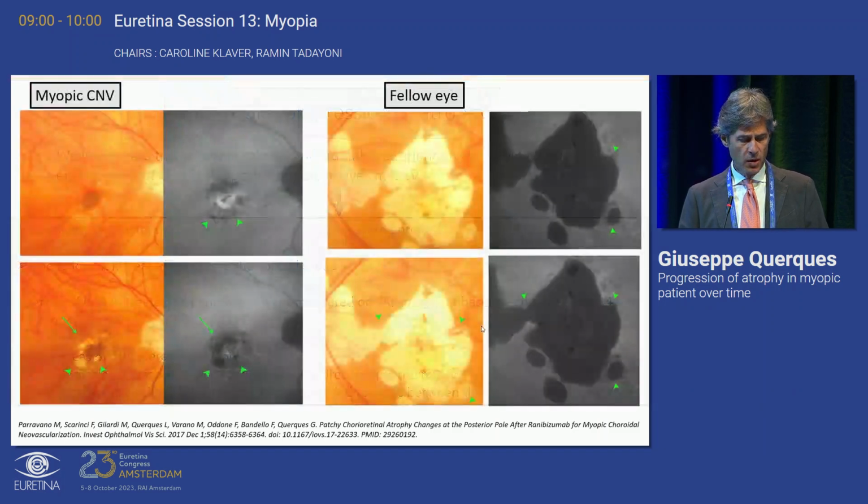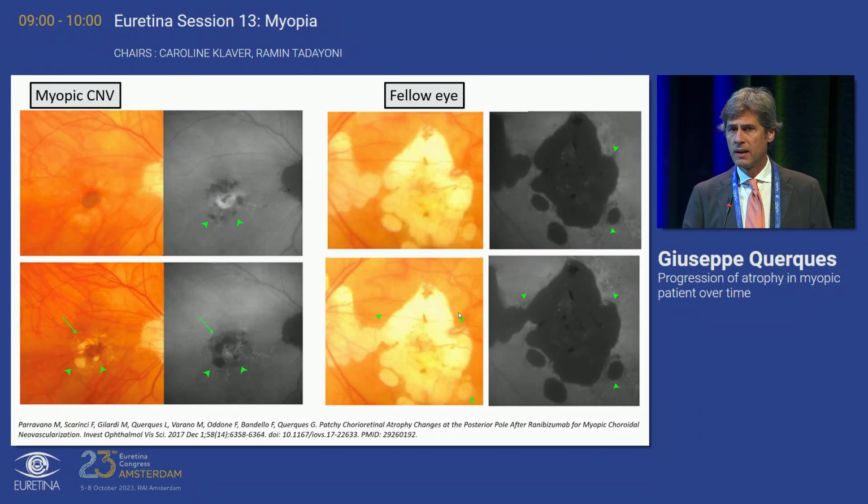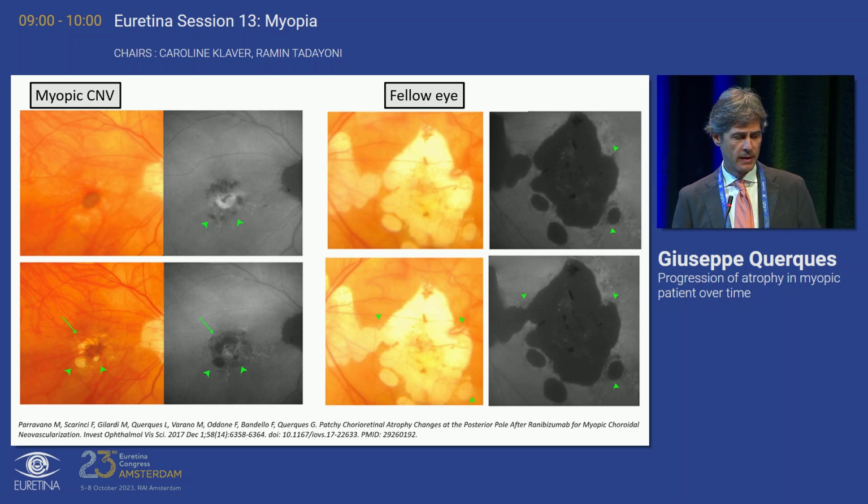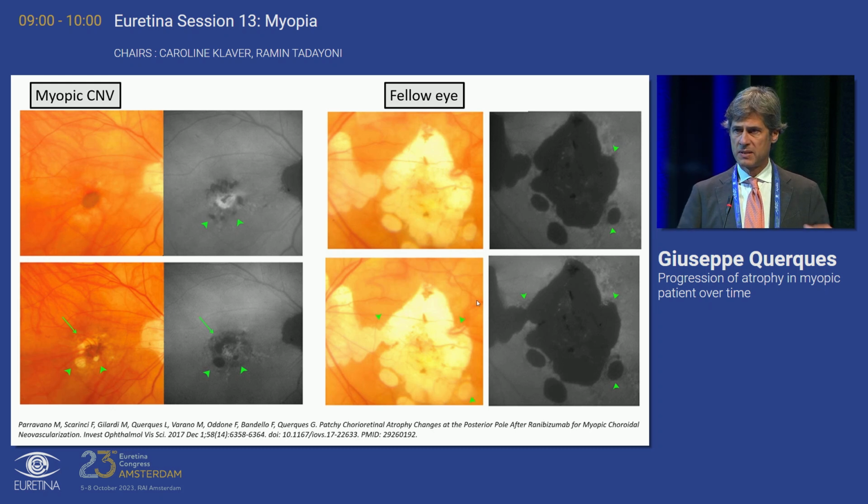And the results were highlighting that while there is an increase over time of atrophy at the level of CNV, and this was associated with anti-VEGF treatment, on the other hand, the areas of atrophy that were beside the CNV, the areas of the fellow eye that was not treated with anti-VEGF, well, they progressed but in a similar manner.